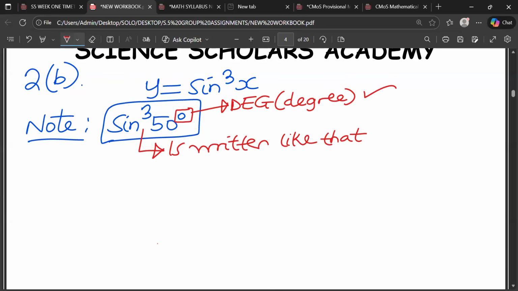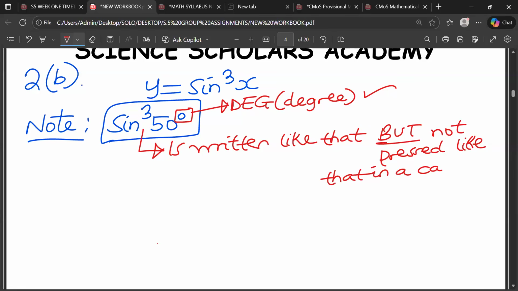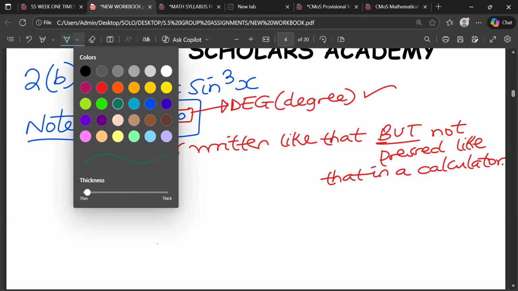It is written like that, but not pressed like that in a calculator. So what should we do?